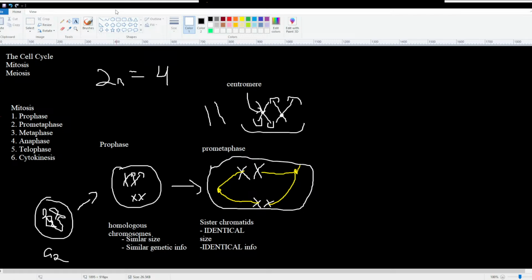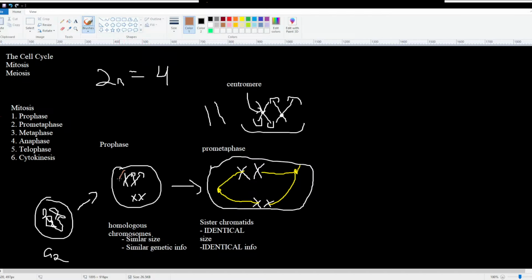During prometaphase, well, I guess I haven't really included this. Okay, it's not really a detail that you need to know, but it's something that I still want to emphasize.